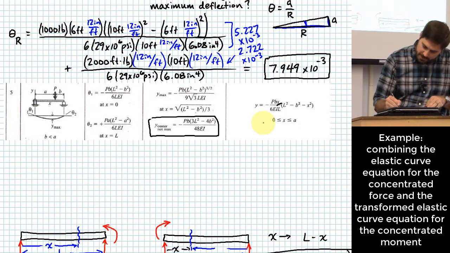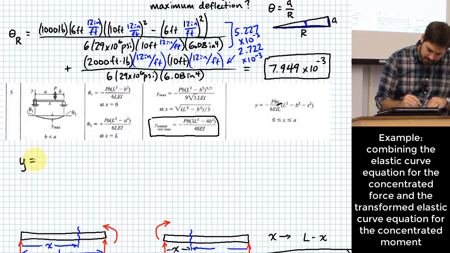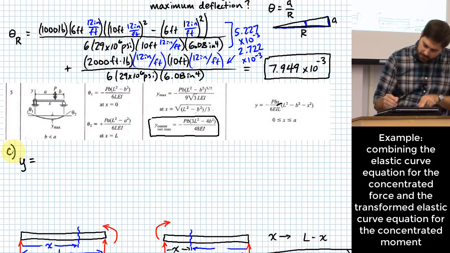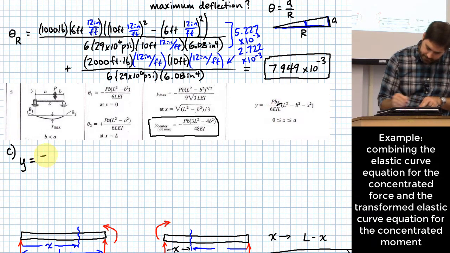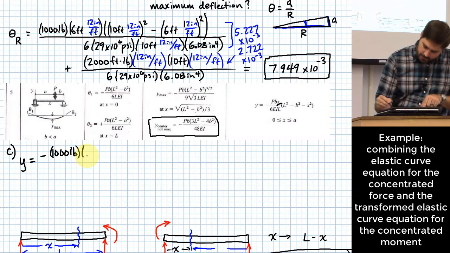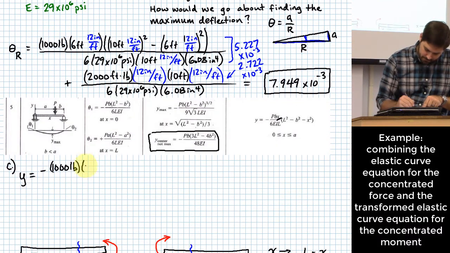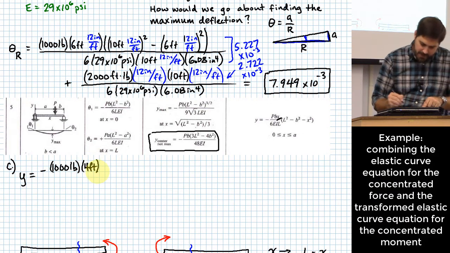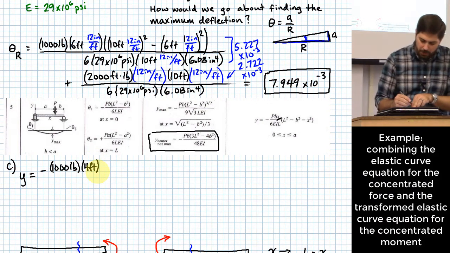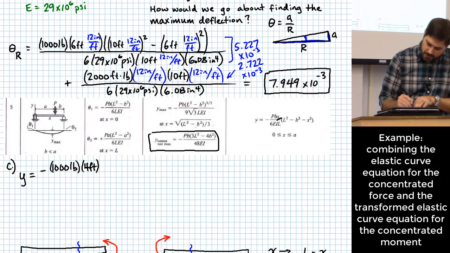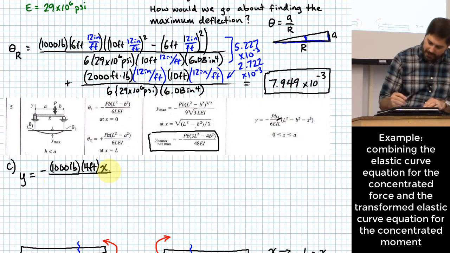Basically, all we're going to do is say y, this is part C, y is going to be equal to minus, P was 1,000 pounds, B was 4 feet. Since I'm not going to actually do anything with these calculations, I'm going to forego putting in all of the conversion factors. What was x? It's just x, because we're doing this all in terms of my variable x.